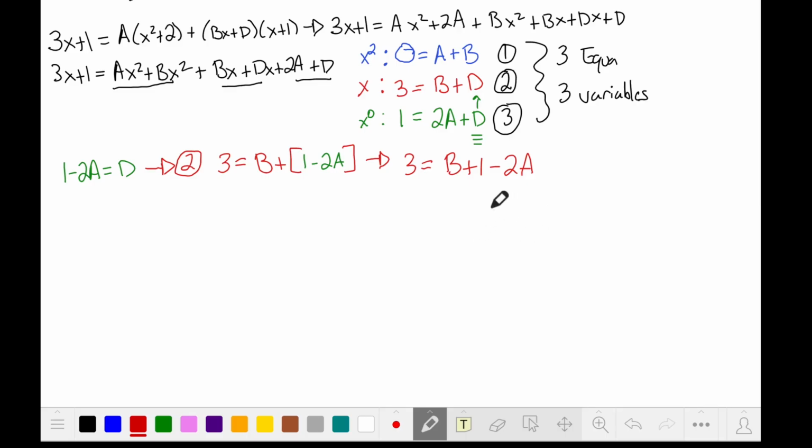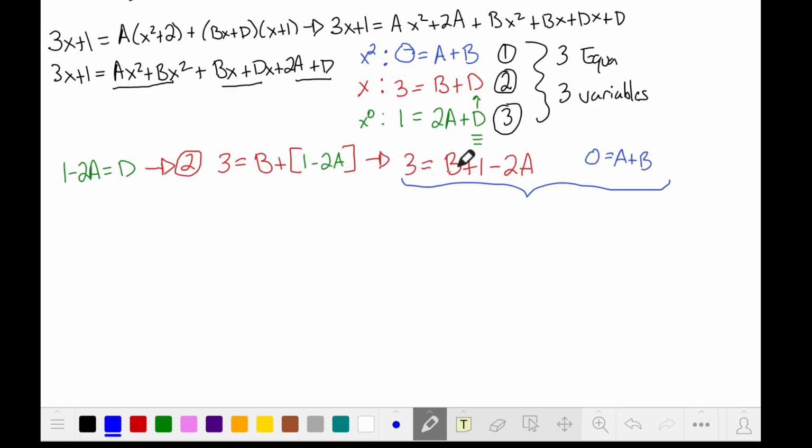Great. So now if we look at this latest expression in red, we've got an equation that depends on A and B. And if we look at the expression in blue, it also depends on A and B. For equation number 1, we have 0 is equal to A plus B. If we compare these two, they're very similar: two expressions that depend on the same two variables.